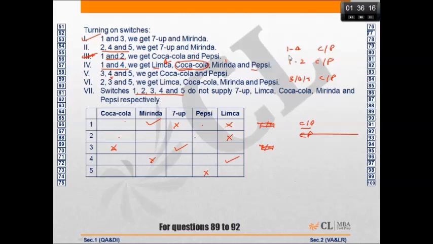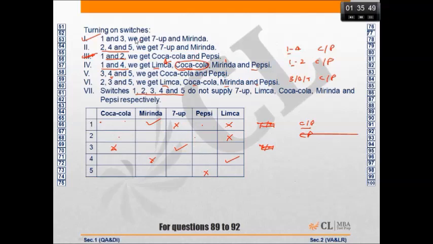Now let me look at these. 2, 3, 5 we get Limca, Coke, Mirinda and Pepsi. So if I get Coke from 1, 2, 3, 5 we get 7 Up and Mirinda.